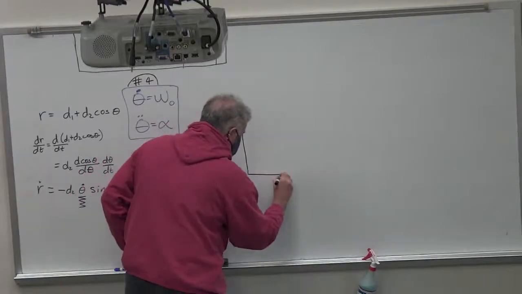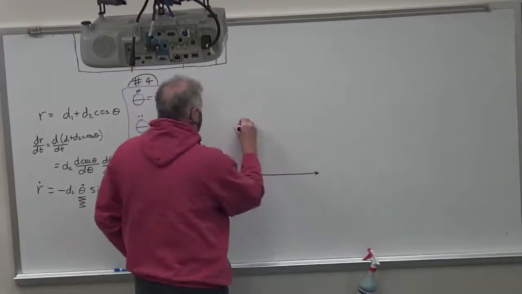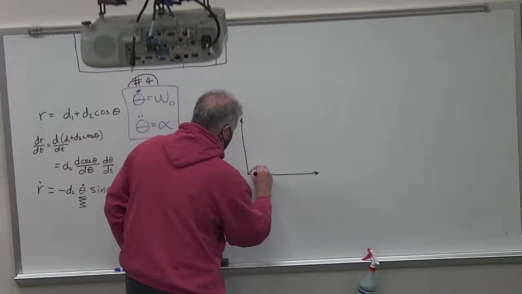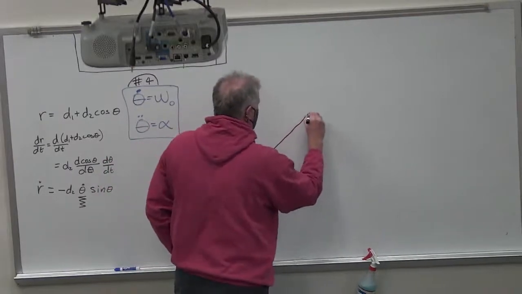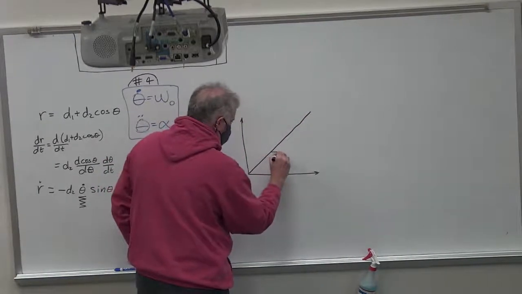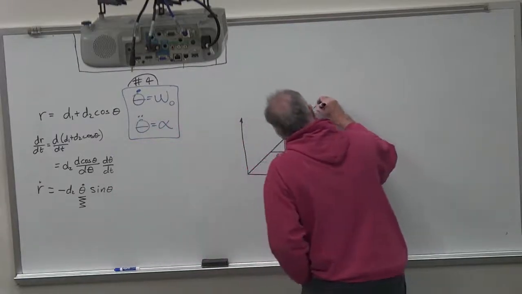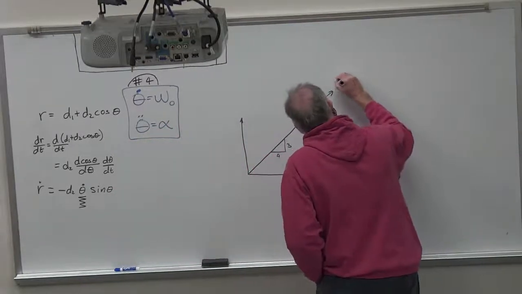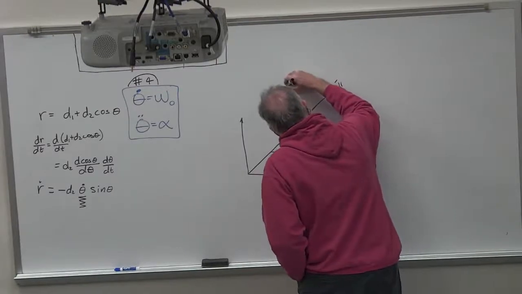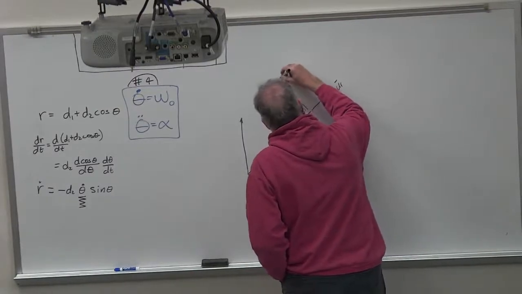I set it up, and if you recognize it, then you've got U_r, and then U theta, right?